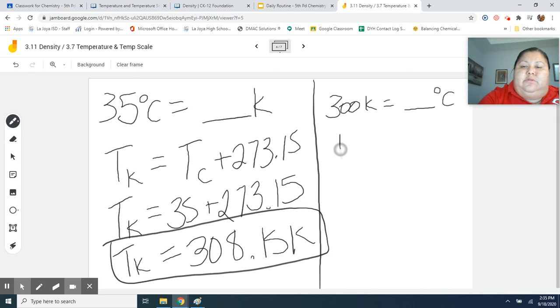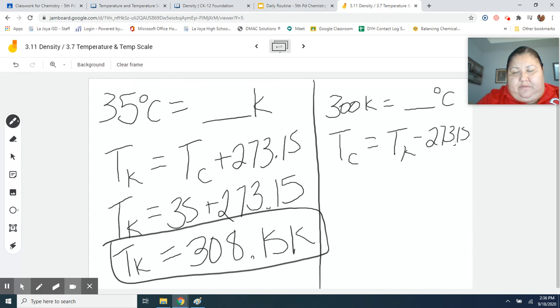Well, I'm going to use the information that they gave me earlier. TC is equal to temperature in Kelvin minus 273.15. Sorry for making it small, but I'm running out of room. Okay, 273.15. I plug it in.